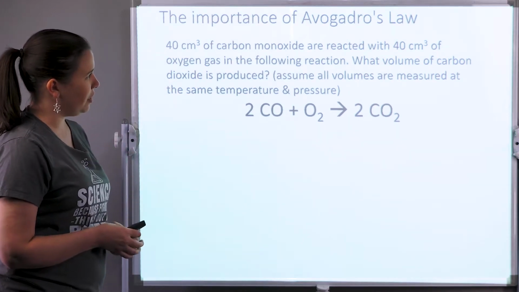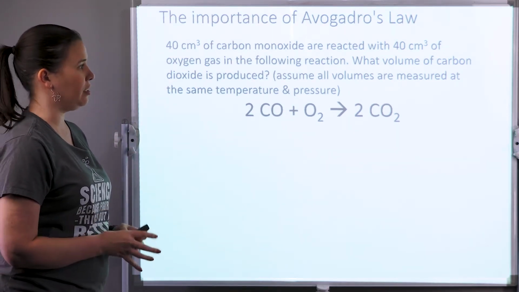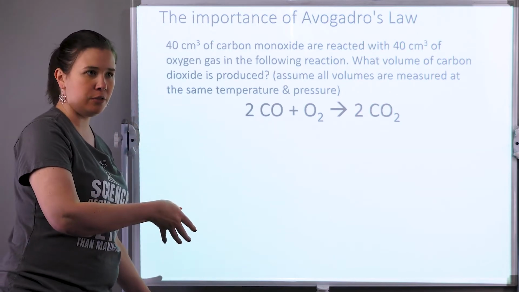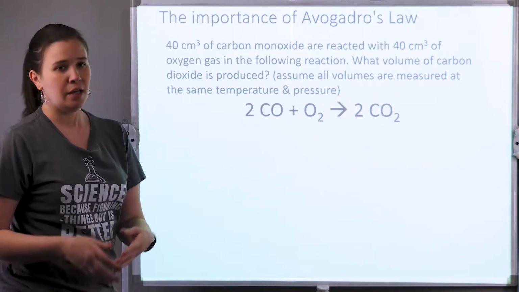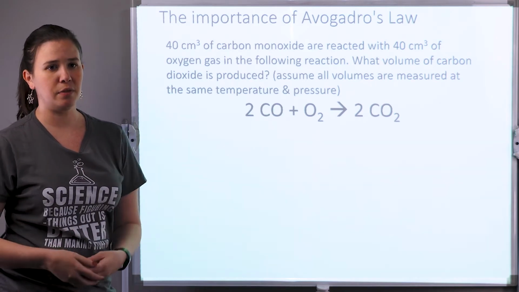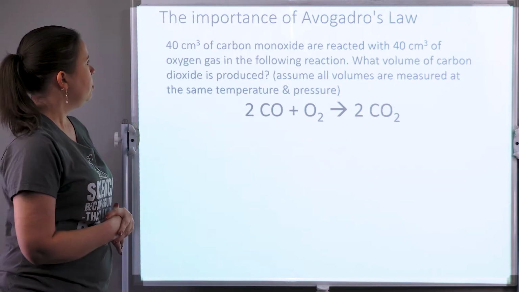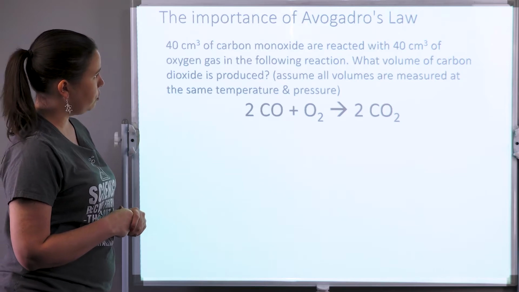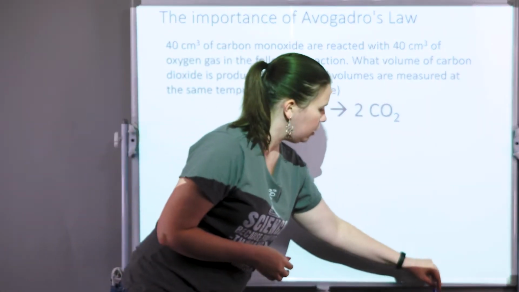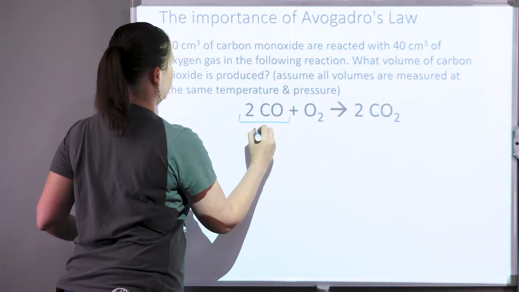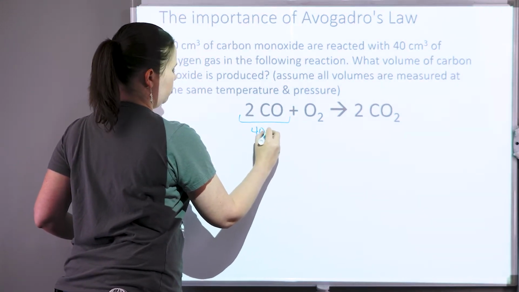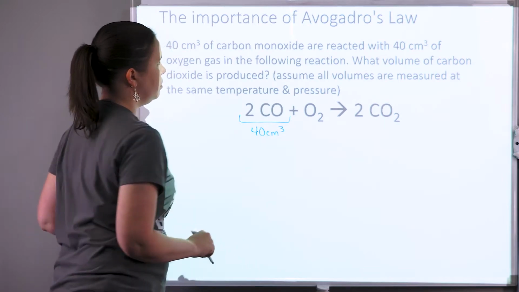So now let's look at a problem just with this idea that equal volumes would be consistent for an equal amount of gas. Keep in mind that amount is typically measured in moles. So we have 40 cubic centimeters of carbon monoxide. I'm going to go ahead and note that on my equation here. Carbon monoxide, 40 cubic centimeters.